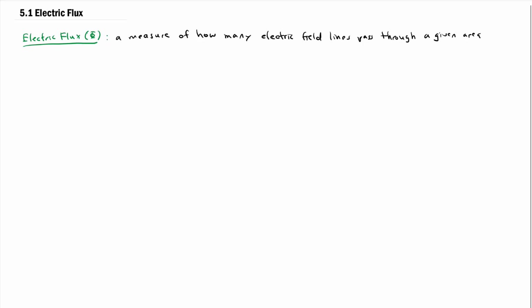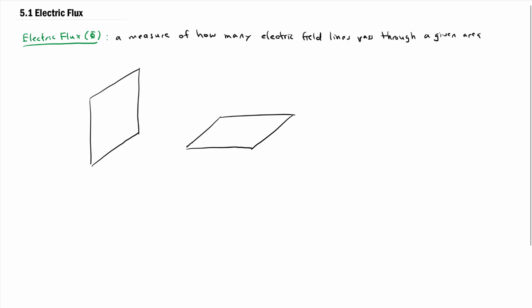So there are essentially three different options. Essentially there's one general option, but I'm going to go through three possibilities. In order to measure the electric flux, we have to see how many electric field lines penetrate a surface. So let's assume the electric field is going this way.